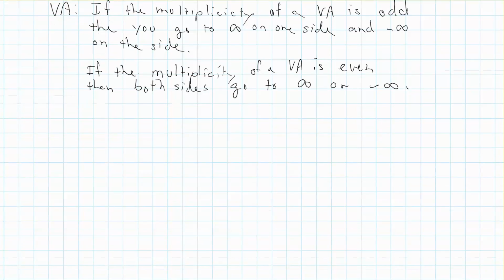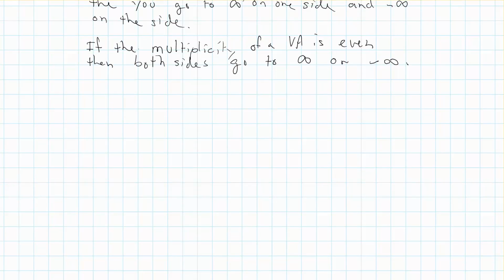Alright, and we're also going to talk about the multiplicity of the zeros, because the same thing applies with these rational functions: if you have an odd multiplicity of a zero, you go through the x-axis, and if you have an even multiplicity of a zero, you would touch the axis.